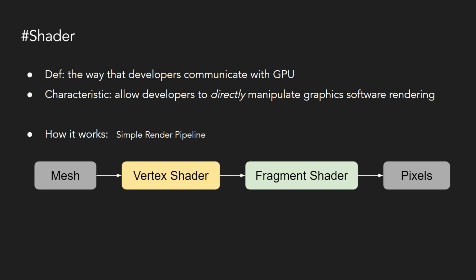In this process, there are many steps that it needs to go through, each workshop and the assembly line of each workshop to complete. The two most important workshops, that is, the two most important steps in rendering, are Vertex Shader and Fragment Shader. These are also the two shaders that will be used in this series of videos.